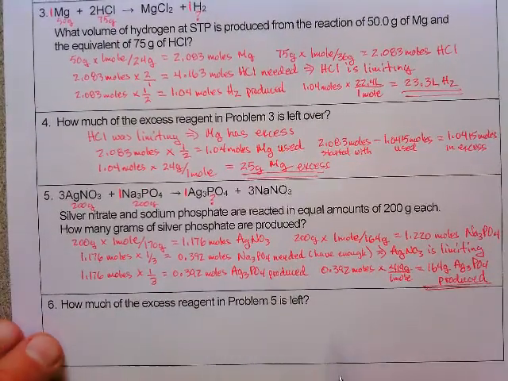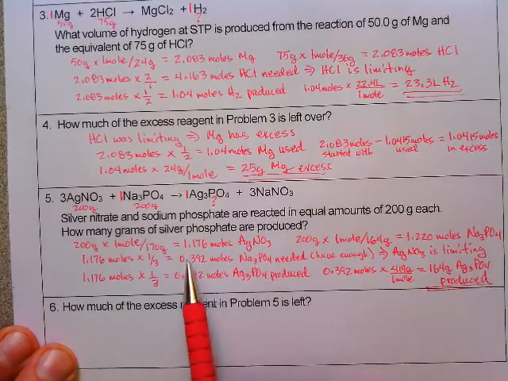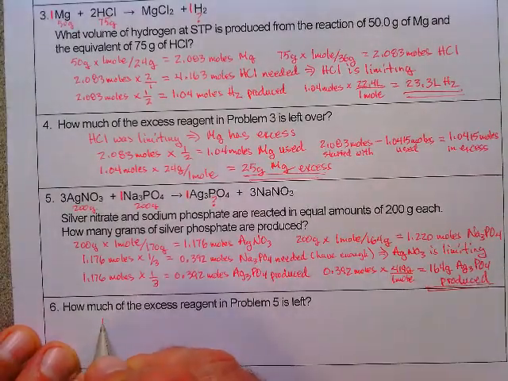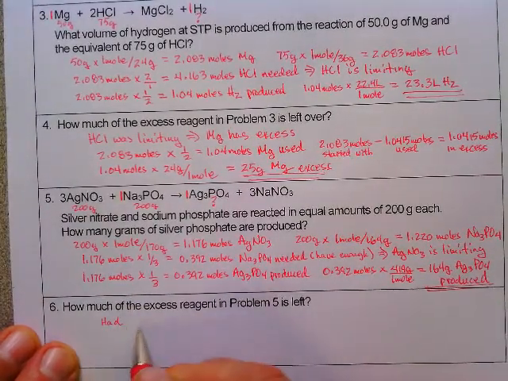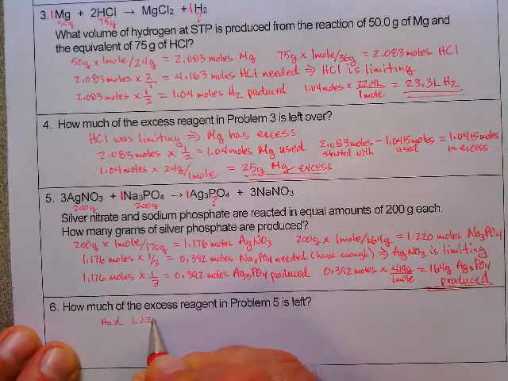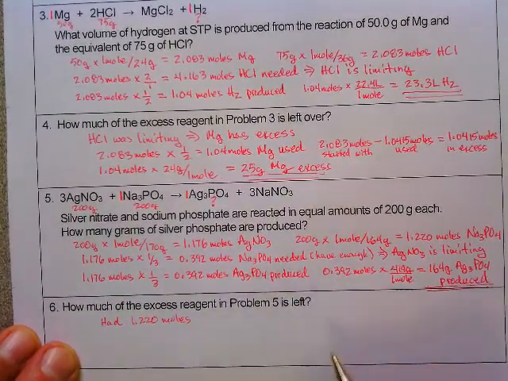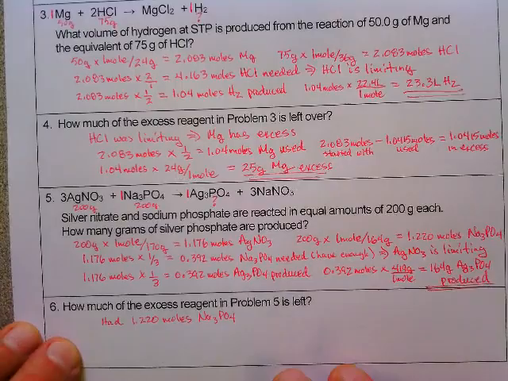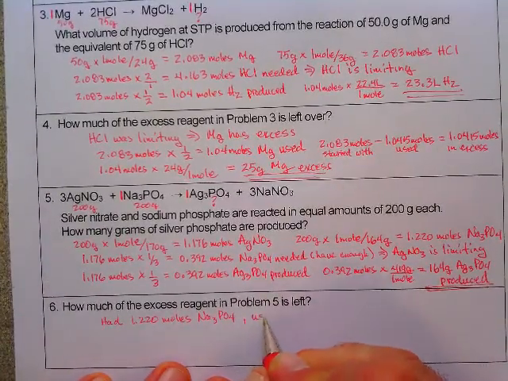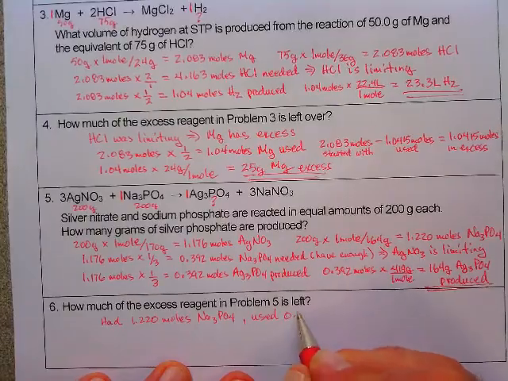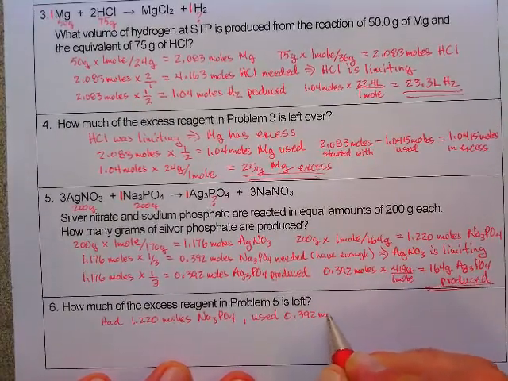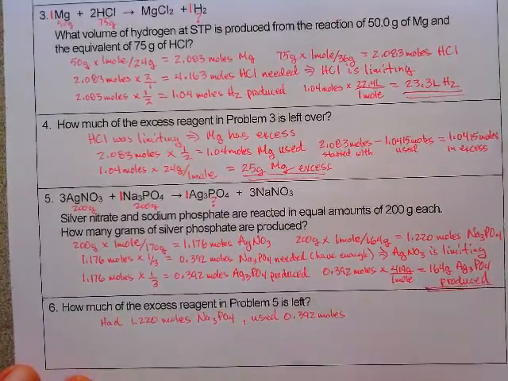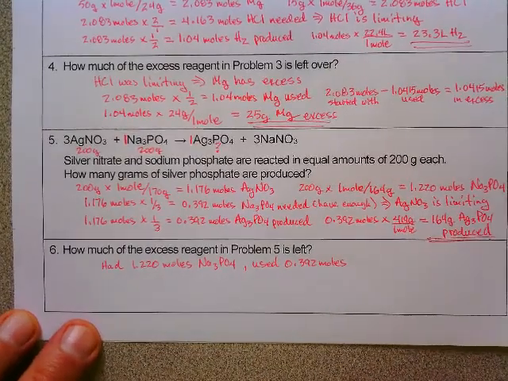Now, as we mentioned up here, that's how much Na3PO4 was needed. So we had 1.22 moles of Na3PO4 used 0.392 moles. So if we subtract, we then have how much was in excess.